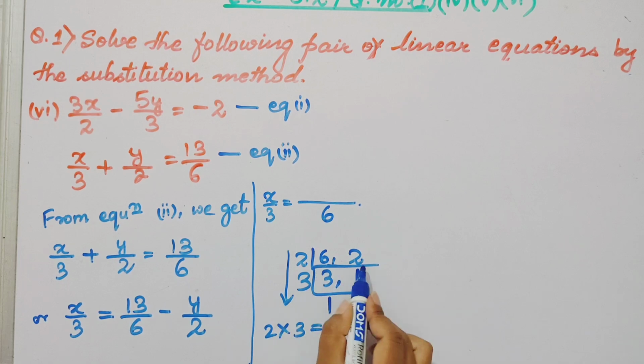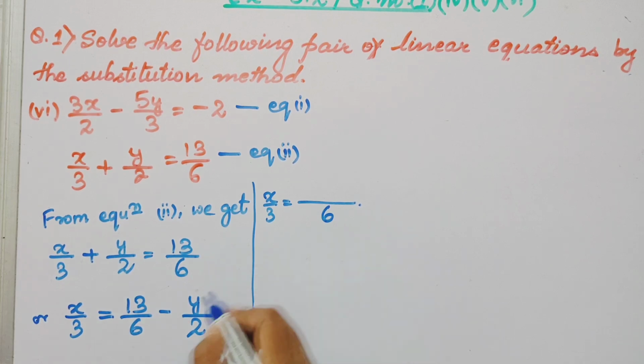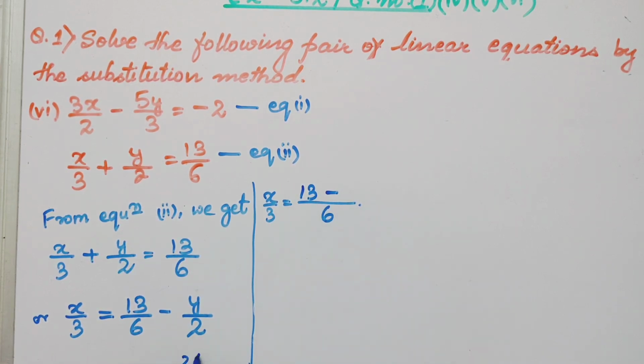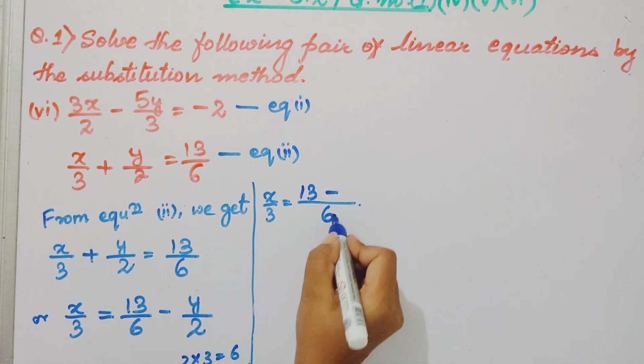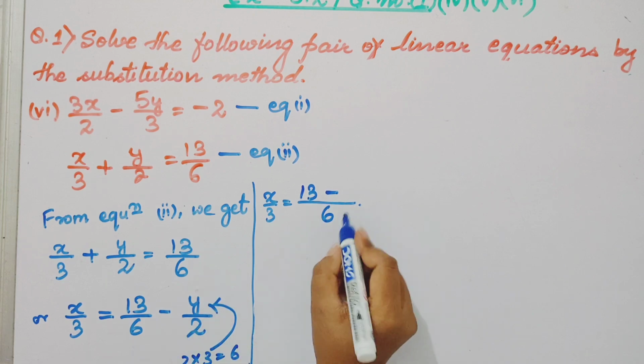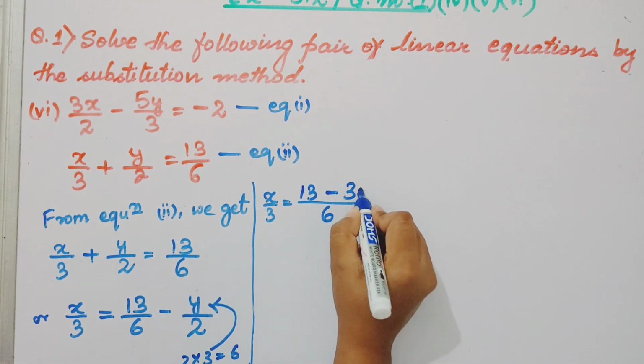So the LCM of 6 and 2 is 6. Now the same method, 6 into 1 is 6 and 13 into 1, 13. Minus again 2 into 3 is 6, this one, not this one, okay? This one. 2 into 3 is 6 and 3 will be multiplied to the numerator, and 3y.